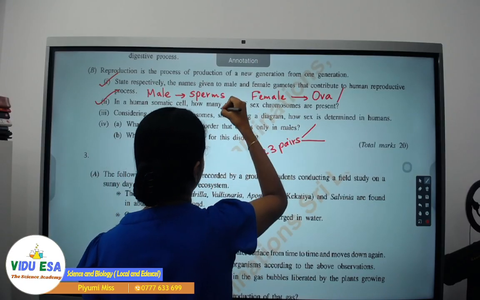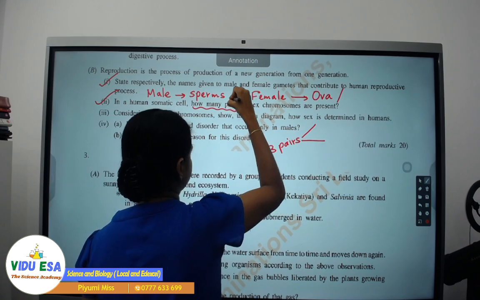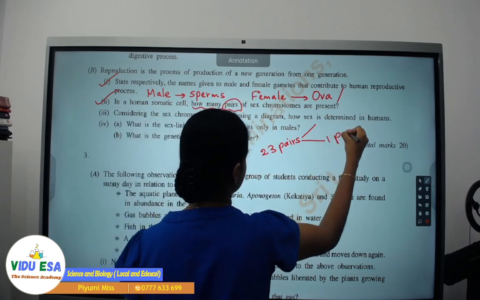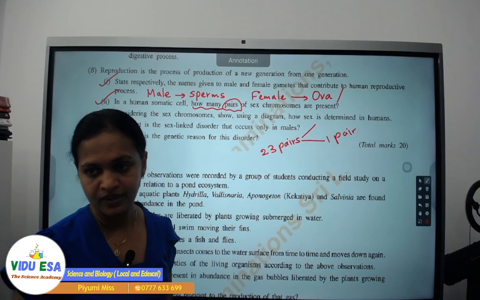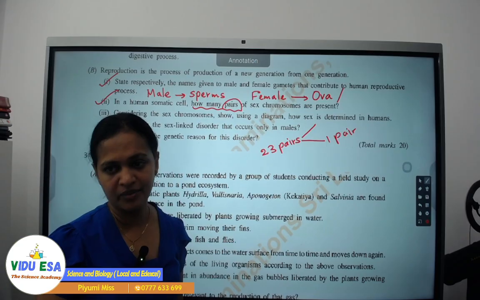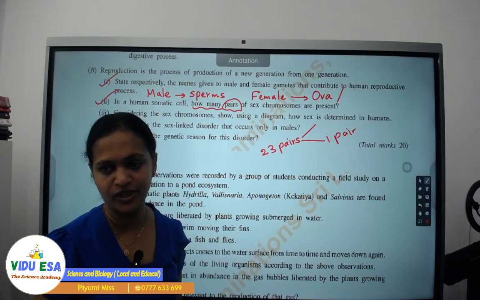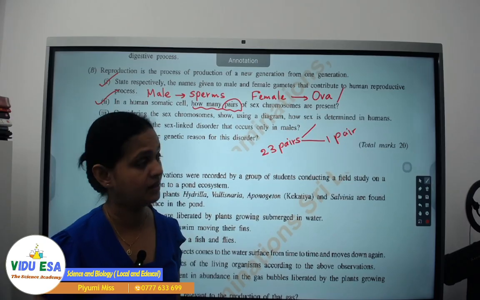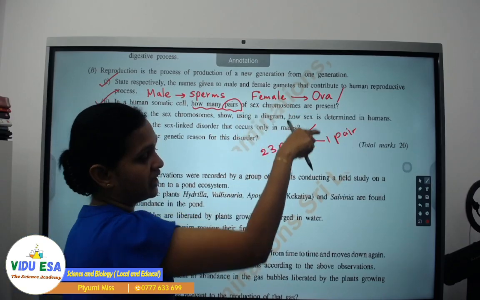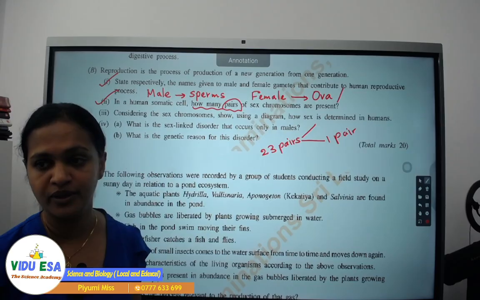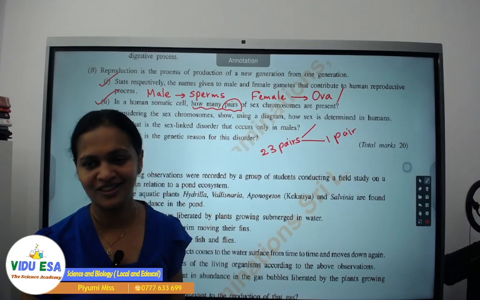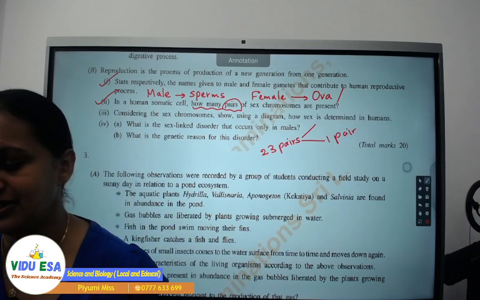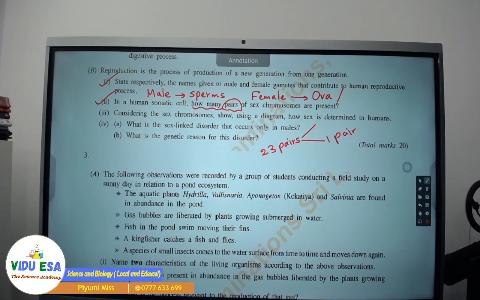Out of them only one pair is sex chromosomes, right? The others are somatic chromosomes, the other 22 pairs. The answer should be one pair. One pair. How many pairs? One pair, right? No other answer. One pair. Then you will get 1 mark.